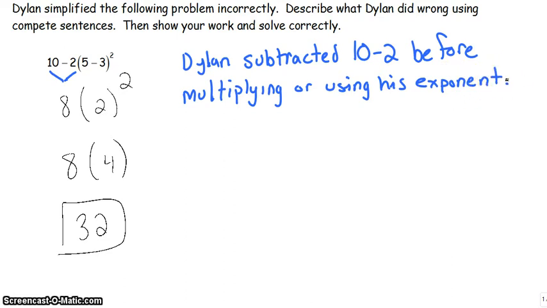Again, that's not the only way that we can write this, but that is one way that we could have written a sentence here. The second step here is to show work and solve the problem correctly.